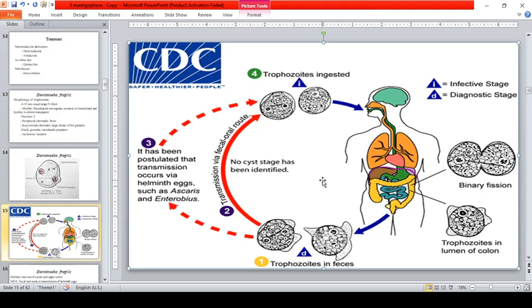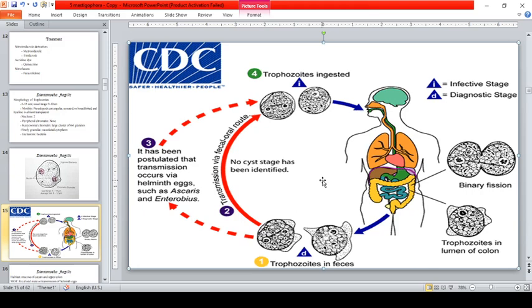Okay, habitat of Dientamoeba fragilis. That is found in the mucosa of the cecum and upper colon. Therefore, that is in the large intestine. Mode of transmission: fecal-oral route or transmission of helminth eggs, because the helminth eggs may serve as vectors or carriers of Dientamoeba fragilis trophozoite.